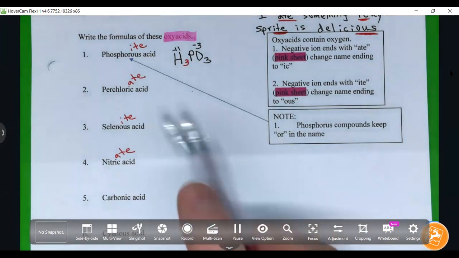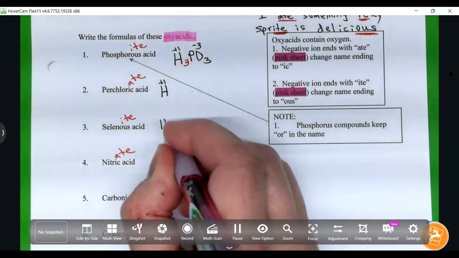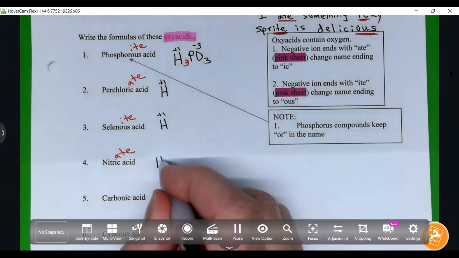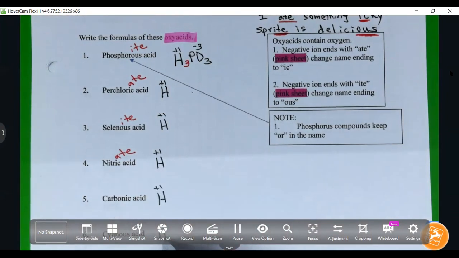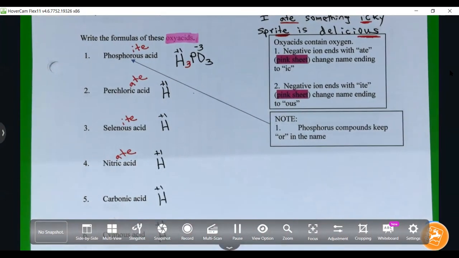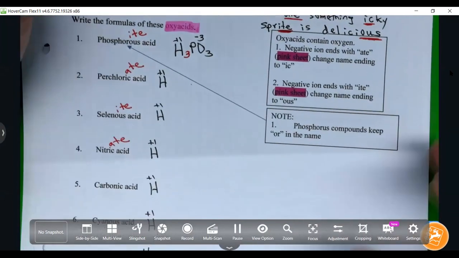Now the rest of these, we're going to put our hydrogen in again. Put your H plus 1 all the way down.